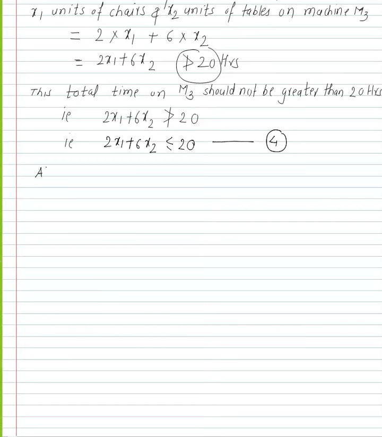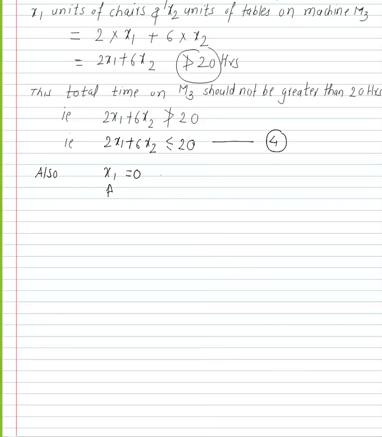Also, non-negativity constraints are there: x1 and x2 are greater than or equal to 0. x1 represents the number of units of the chair.